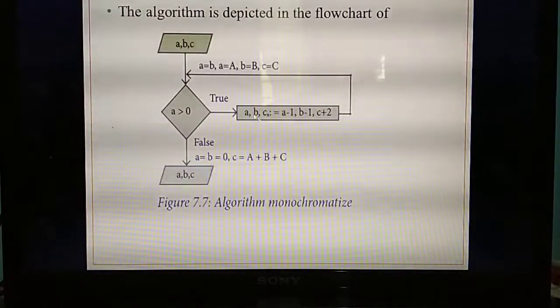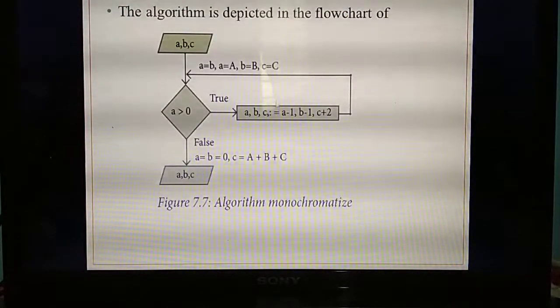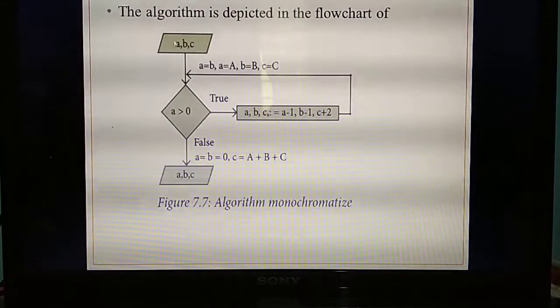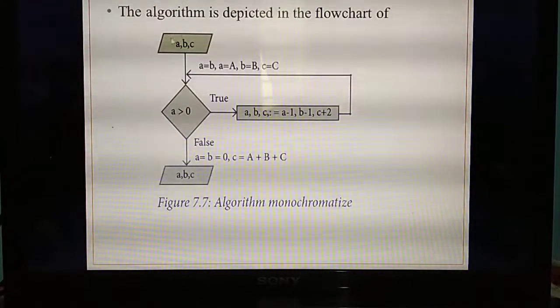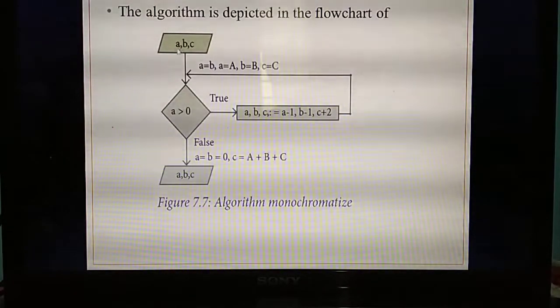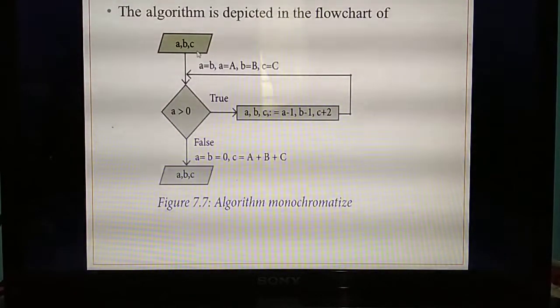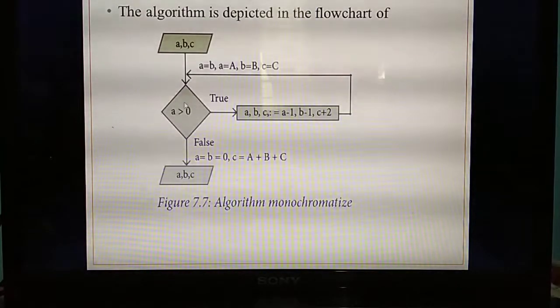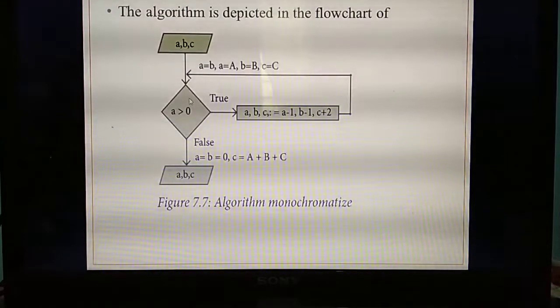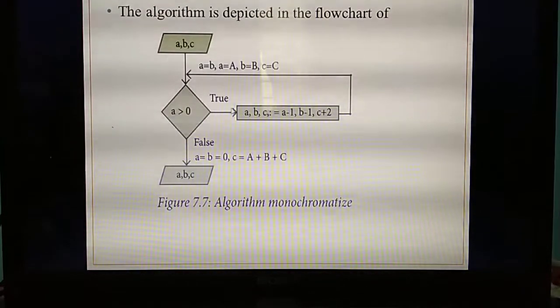Understand? The same thing you are going to draw in the flowchart. So how many input variables are there? 3. Input variables you always need to give in a parallelogram. So the input variables are A, B, C. Then condition. What condition? A is greater than 0. If that condition is true, what do you need to do?